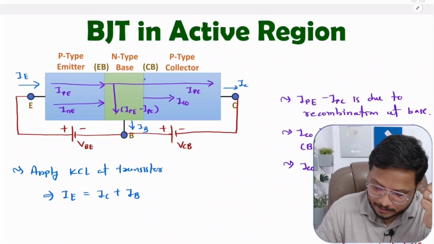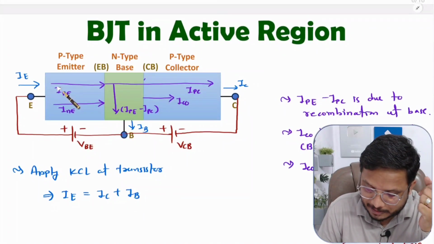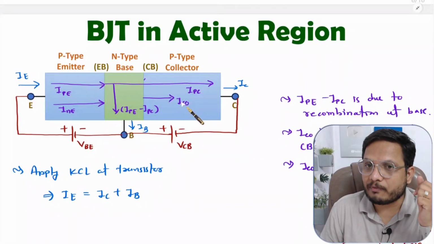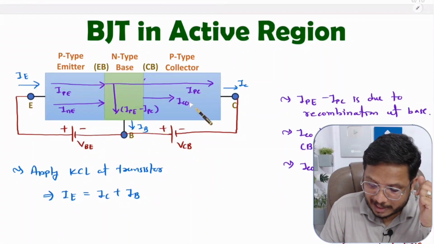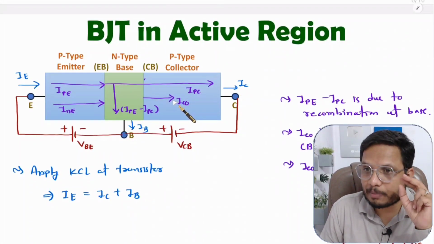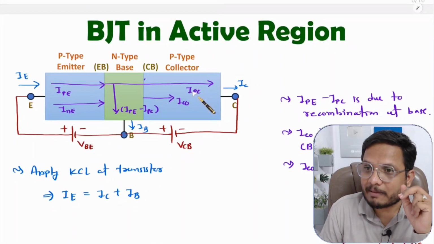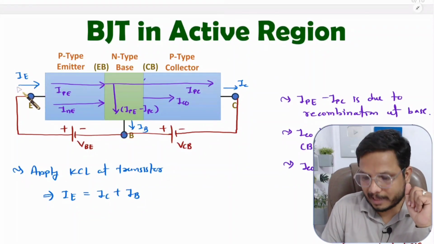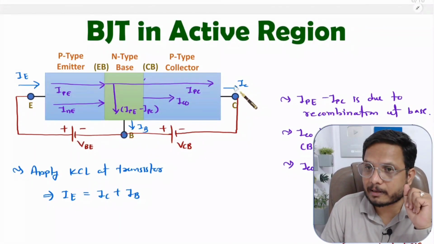Alpha explains how much transportation is happening, plus ICO. So IC is ICO plus IPC, but IPC is alpha times IE. That is how one can calculate the IC current.